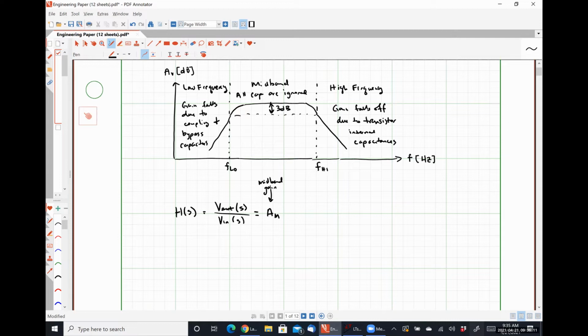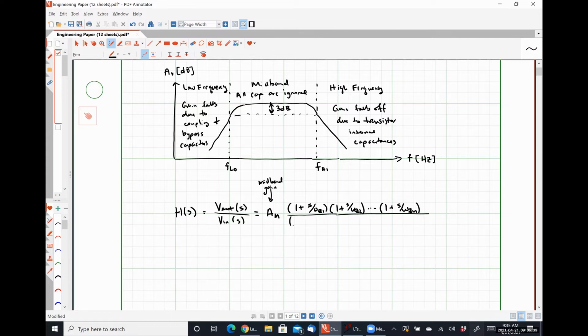And then we are going to have poles and zeros. So we could have 1 plus S over omega Z1 for the first zero, 1 plus S over omega Z2 for our second zero, all the way out to 1 plus S over omega Zn for our nth zero.